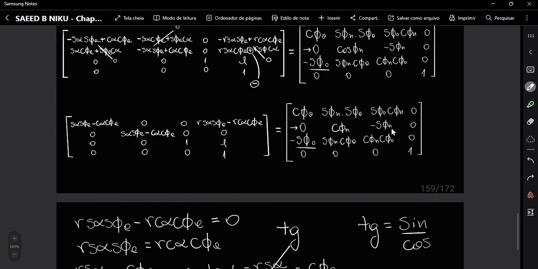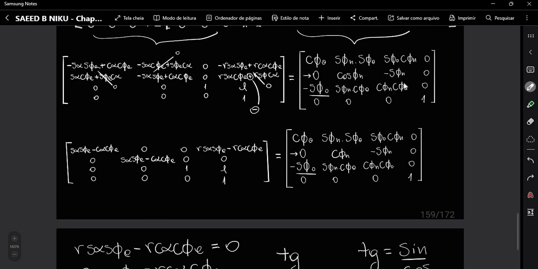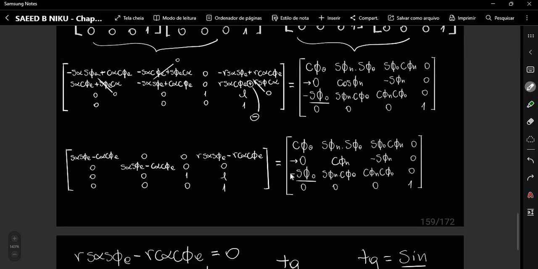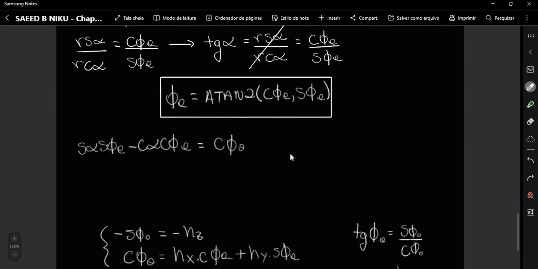Let me see. And the problem is that I'm getting phi o equals 0. Sine of phi o equals 0. And I don't know. I will just write this.